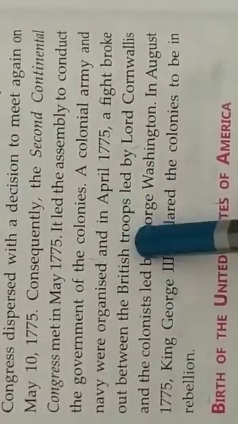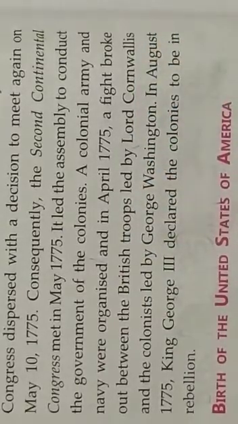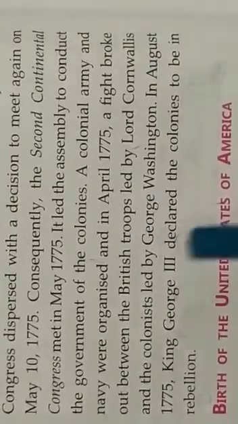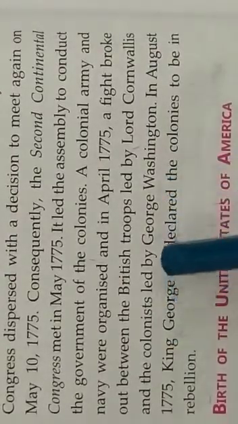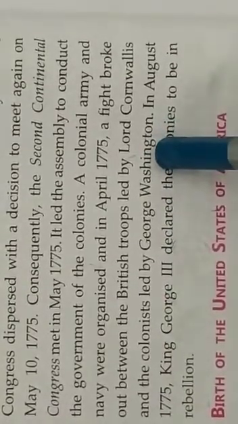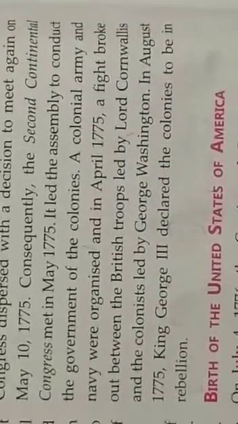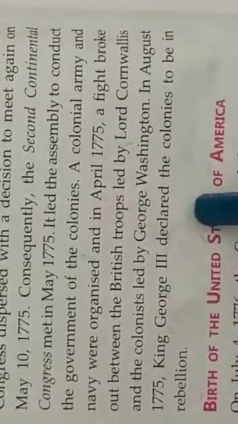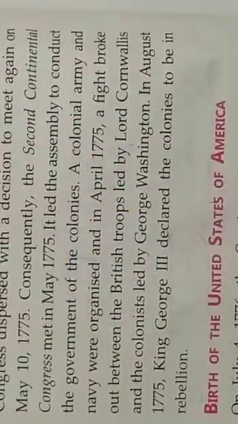The British troops were led by Lord Cornwallis, who was a Governor General of India, and the colonists were led by George Washington, the first US president. So the British troops and the Americans broke out into a fight, and after this, the second conference took place in May 1775.